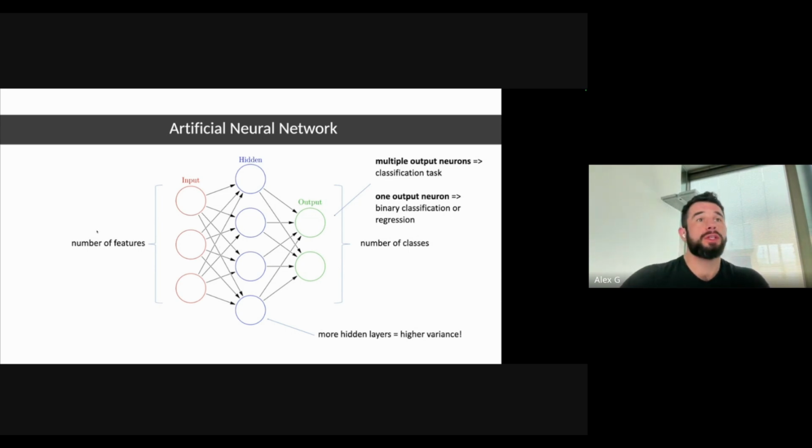Let's talk about each of the layers in more detail. First, the input layer. The input layer defines how many features the network uses. Pay attention that this number is static. Once we decide how many features the network uses, we cannot change it. In this case, the network uses 3 features.